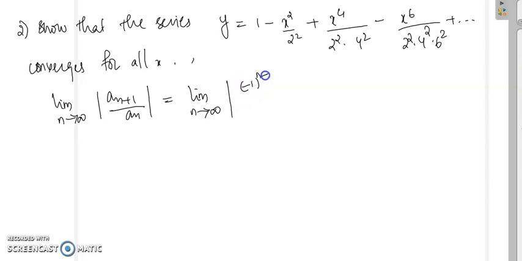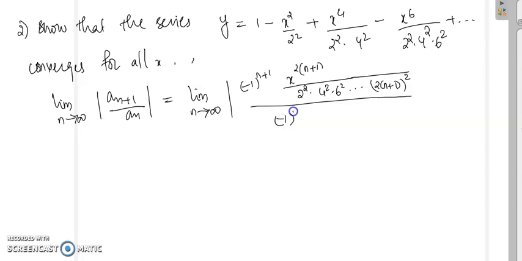So you will have minus 1 raised to n plus 1 x raised to 2 into n plus 1 by 2 square into 4 square into up to 2 into n plus 1 whole square, divided by minus 1 raised to n x raised to 2n by 2 square into 4 square into up to 2n square.